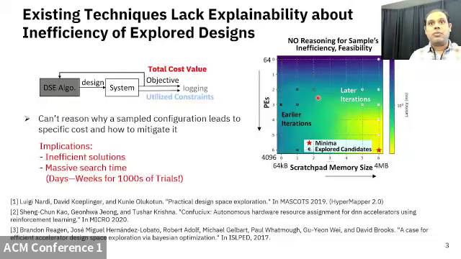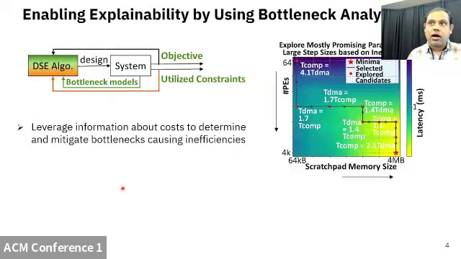I mean, what should be my next samples that could actually address these inefficiencies. So the result is that there is pretty little search budget, like several thousands of trials. But even then it would take many days or weeks, and it would find maybe infeasible or at least inefficient solutions. So how do we address this?